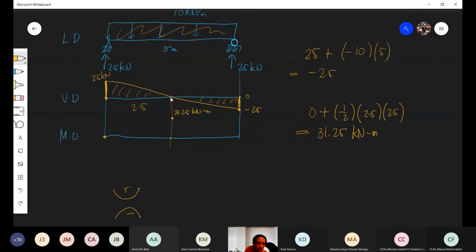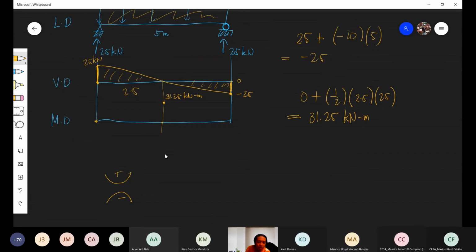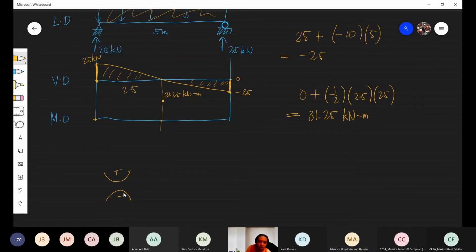Is it increasing or decreasing? Decreasing. Okay, decreasing here, so our curve is concave downward.